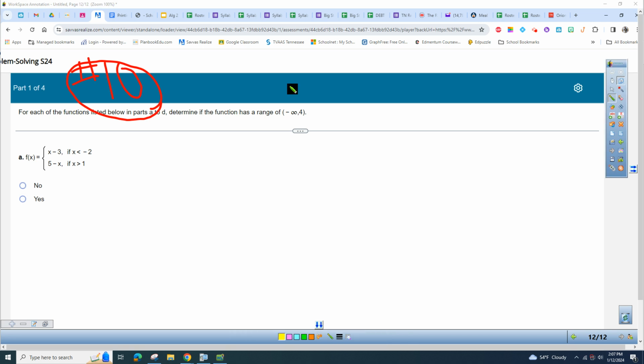I'm going to leave this on long enough and make some notes. They want to know, does this piecewise function have a range of negative infinity to 4? And they're going to give us 4 different scenarios and ask the same question over and over again.